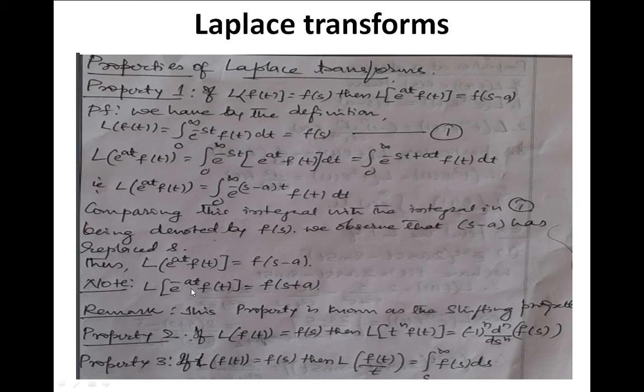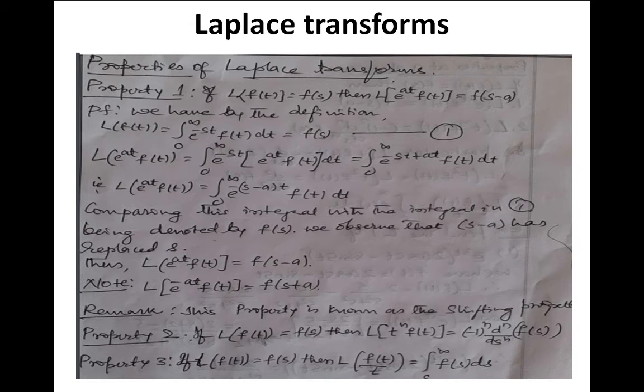Let me take the second one. If it is L of e to the power minus at into f of t, what is the condition? If it is e to the power at, F of s minus a. If it is e to the power minus at, F of s plus a. Let me repeat the things once again. First of all, find L of f of t, which will be F of s. Suppose L of k is equal to k upon s.